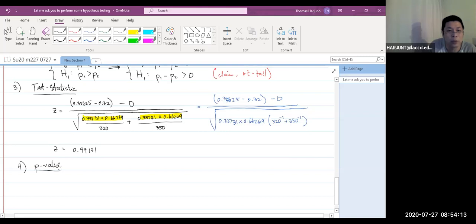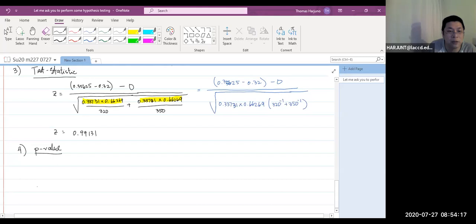Now, of course, it also depends on the significance level. The significance levels that we use, sometimes 10%, very rarely 12%, but we hardly see anything less than that.